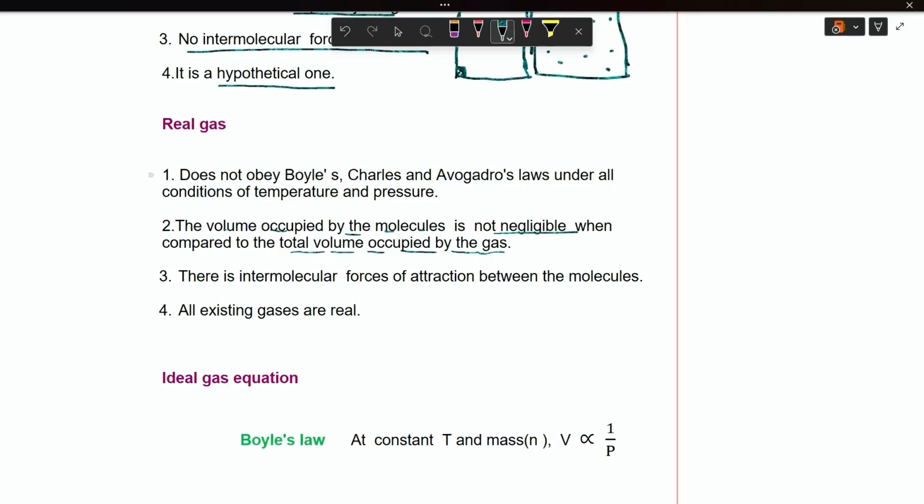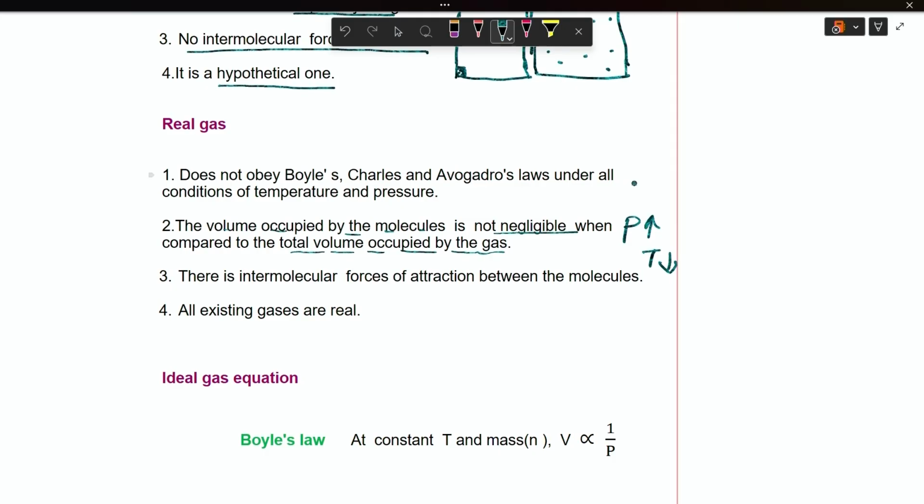I will just write it down: pressure is high and temperature is low. Under these conditions, the gas molecules will be coming closer.